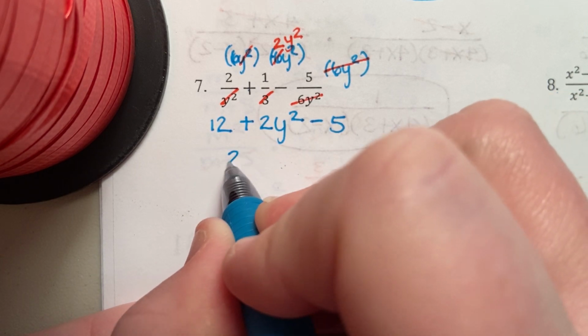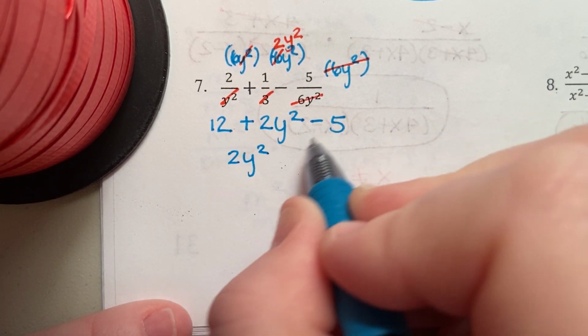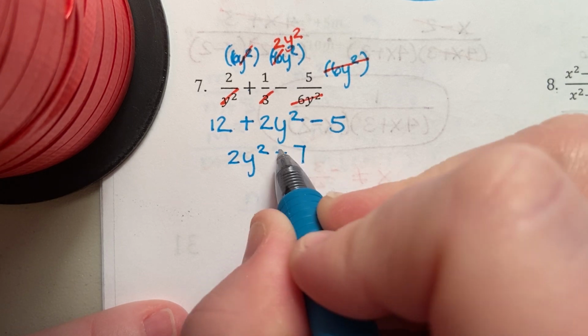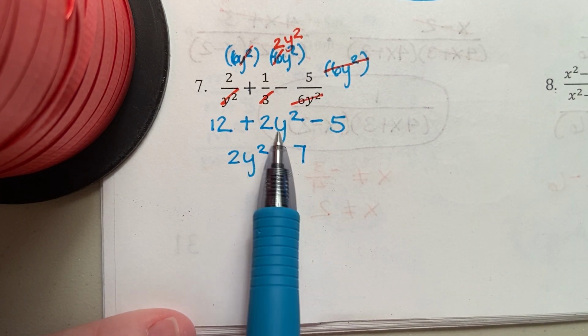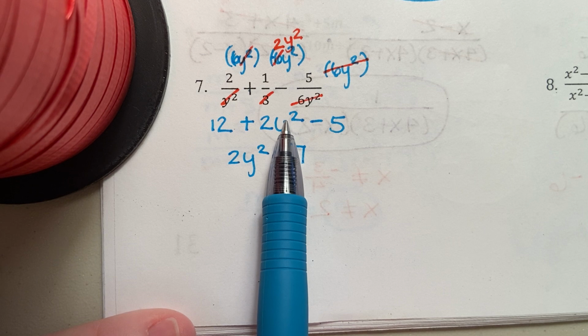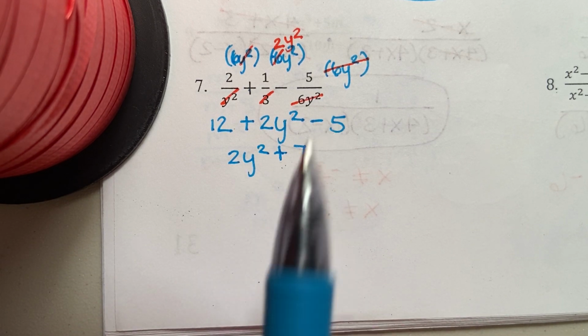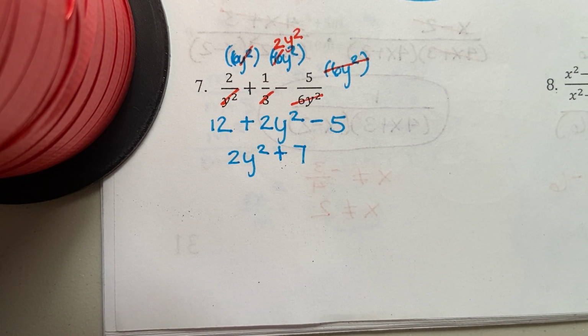So I like to put 2y squared first and then plus 7 just because I'm thinking about standard form. And you always go from the largest exponent and trickle down. All right, so this is my numerator. Now it says factor if possible. This cannot be factored. All right, so we're not going to have to do that. But then it says bring back the denominator and see if anything cancels.